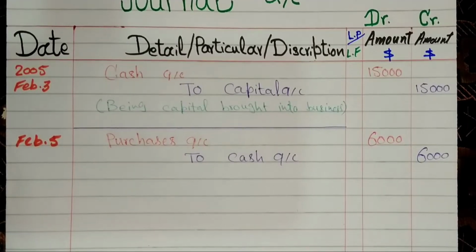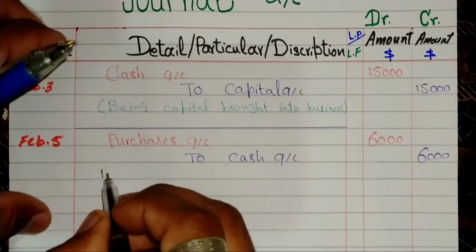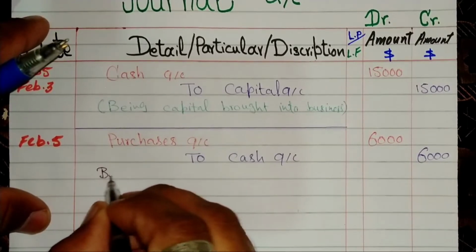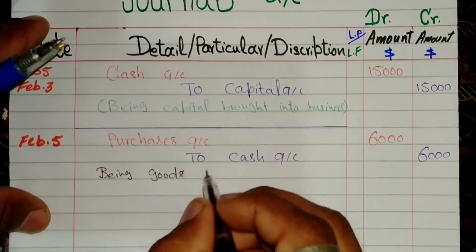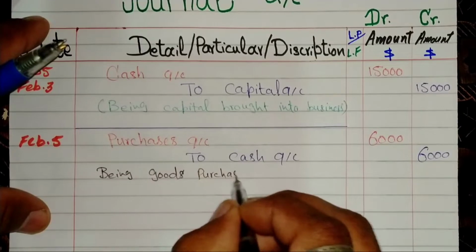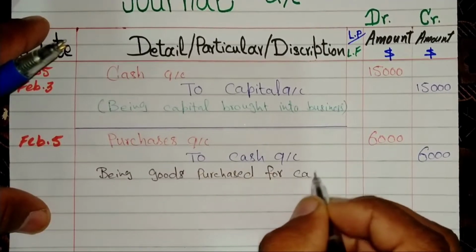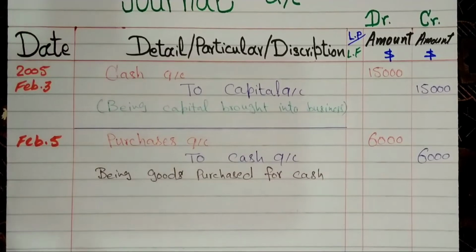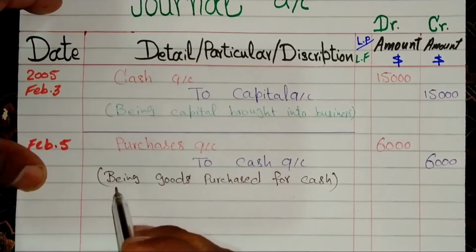The description of this entry is being goods purchased for cash. Okay, this entry has been completed here.